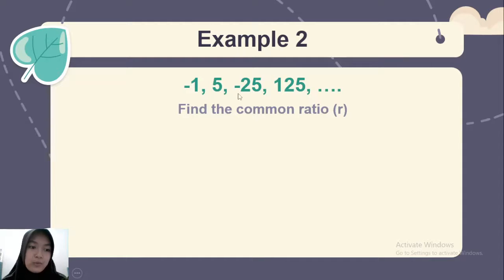Let's start with the ratio of the second and the first term. So, r is equal to a sub 2 divided by a sub 1. Our a sub 2 is 5, and our a sub 1 is -1. So, 5 divided by -1 is -5.